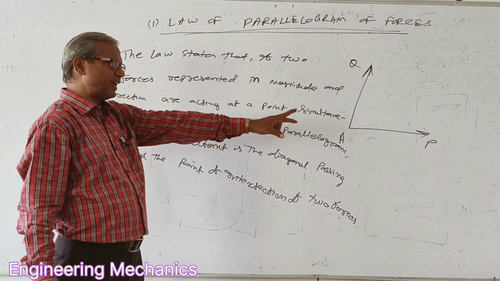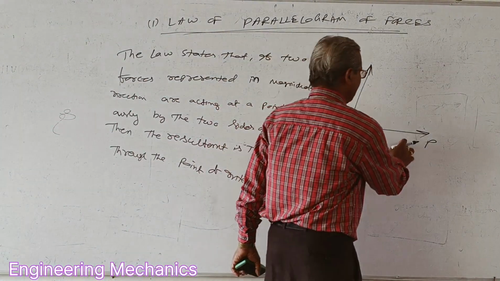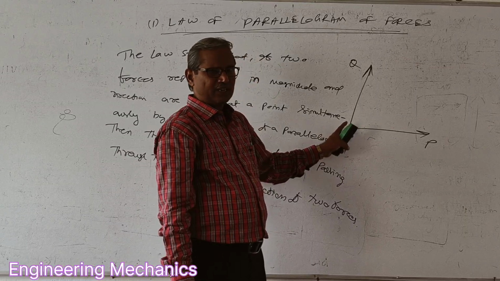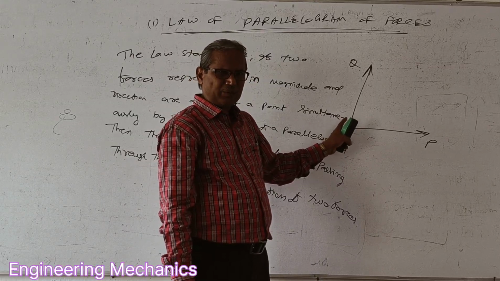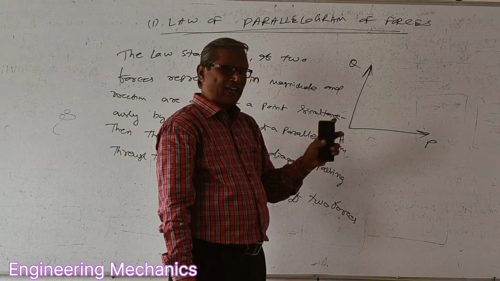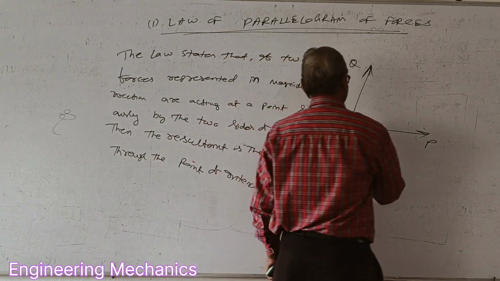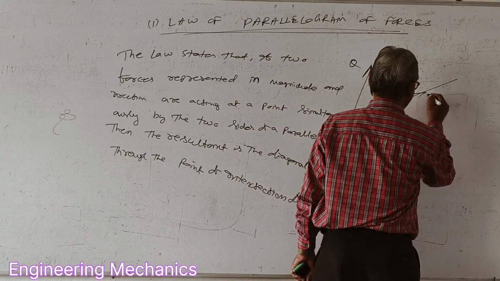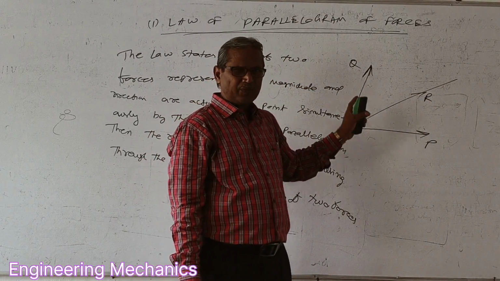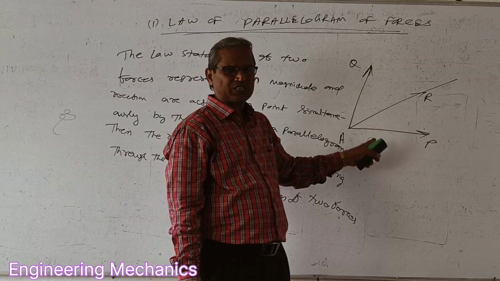If two forces P and Q are acting at a point A simultaneously, meaning one after another, then the resultant is the diagonal passing through the point of intersection of two forces.